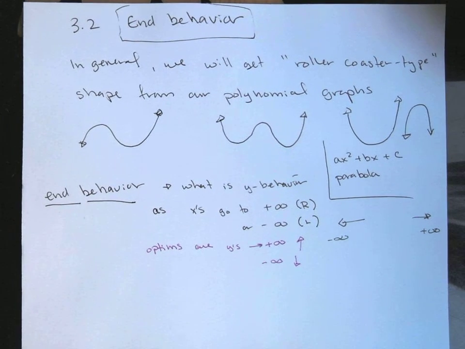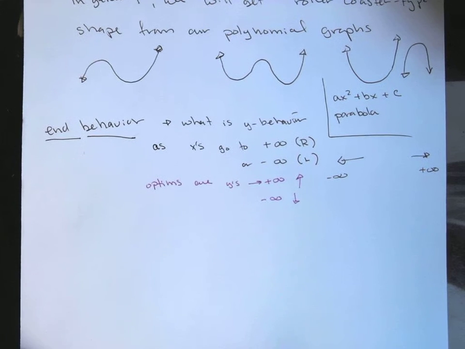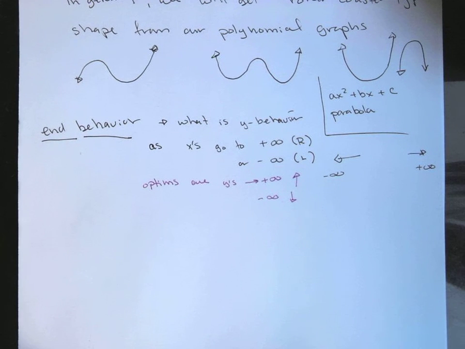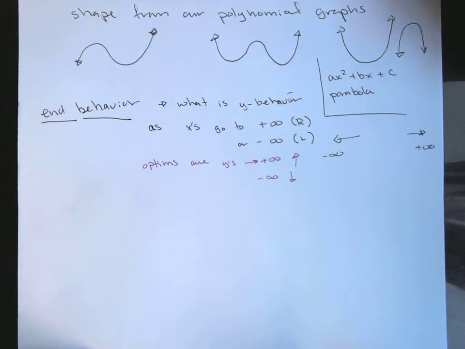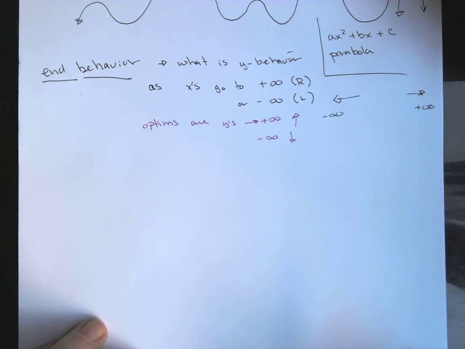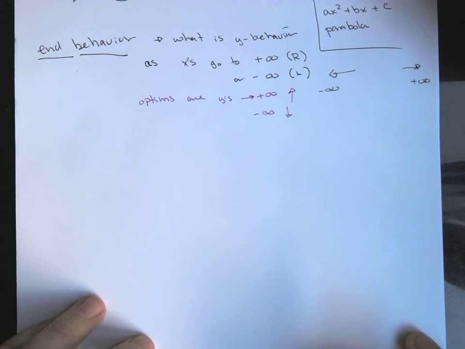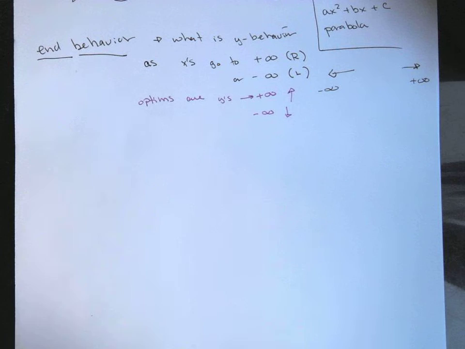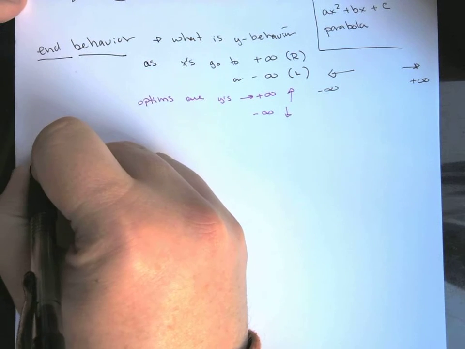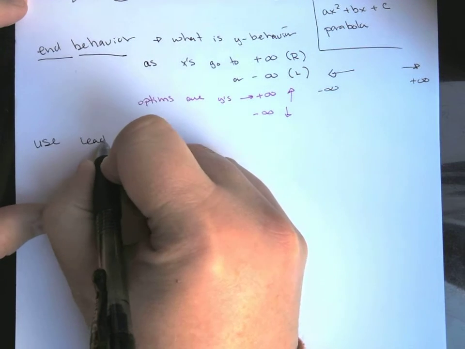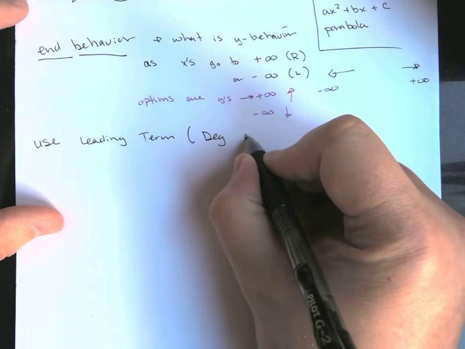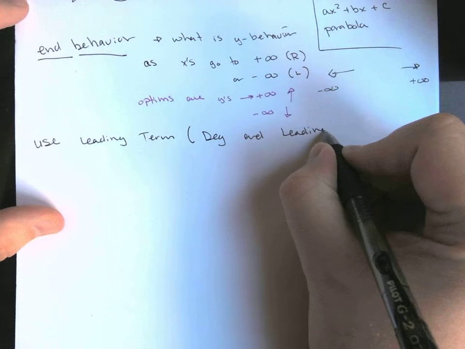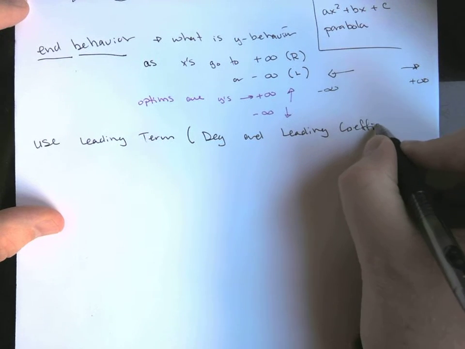We need to combine these two ideas: moving to the left, moving to the right, and either moving up to positive infinity or down to negative infinity. Two directions and two options to go. This is going to give us essentially 4 different cases for end behavior, 4 different possible outcomes. We're going to use our leading term, meaning we're going to use the degree and our leading coefficient.